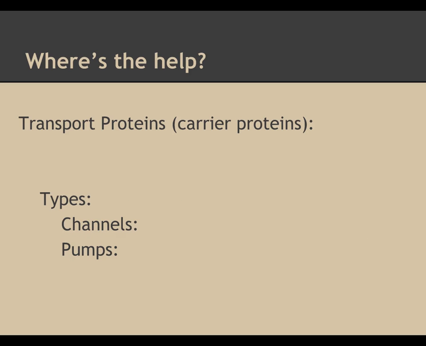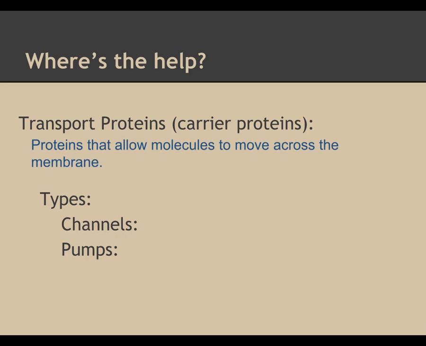So if some things need help to get through the cell membrane, where is it, what does it come from, and how does that happen? And the answer is transport proteins. Sometimes they're called carrier proteins. And they allow molecules to move across the membrane. A distinction you need to make is that some transport proteins do not require any energy. They are passive.